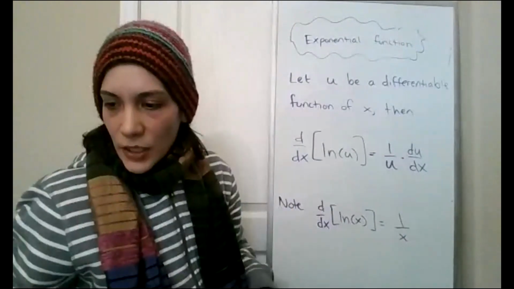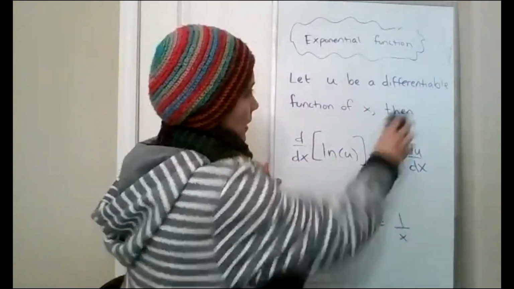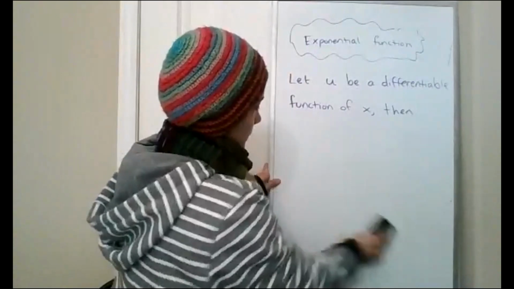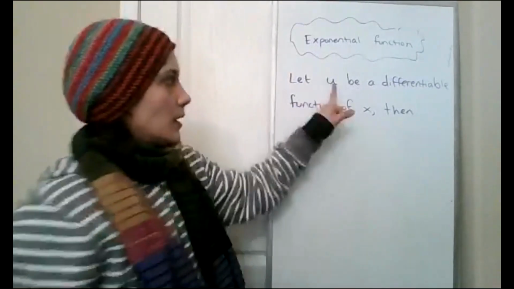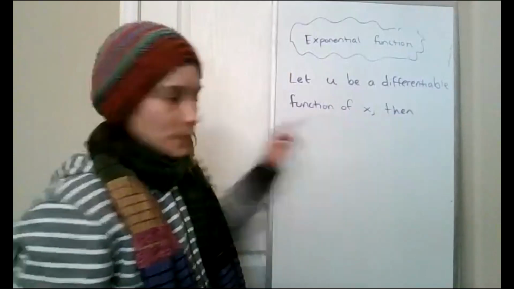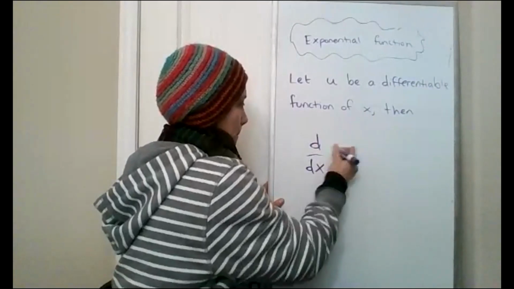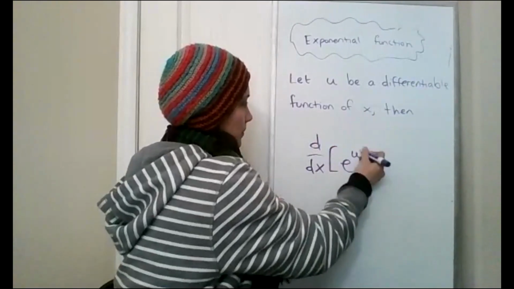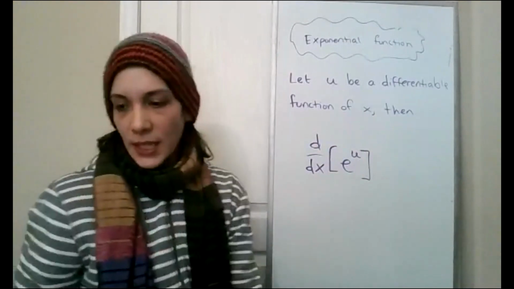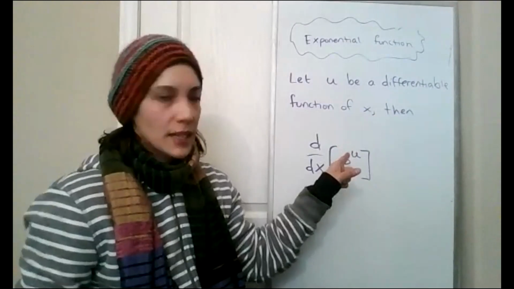I've got u is a differentiable function of x. Then we have the derivative with respect to x, d dx, of e to the u. Make sure I get this. It's e to the u times the derivative of u with respect to x.